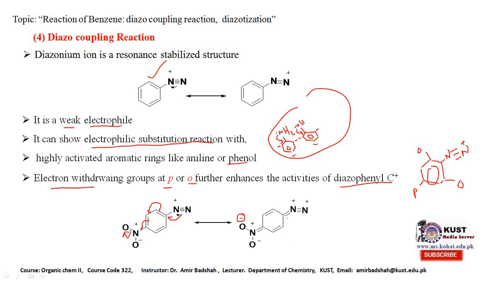So here more positive charge is produced. That's why when some electron-drawing groups are present at the ortho or para position, it will enhance its electrophilicity.